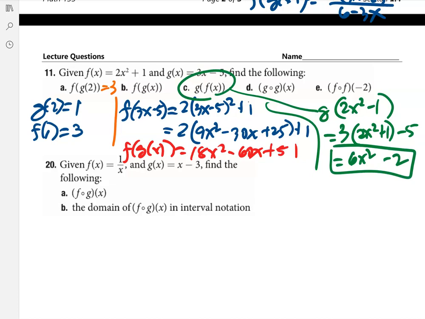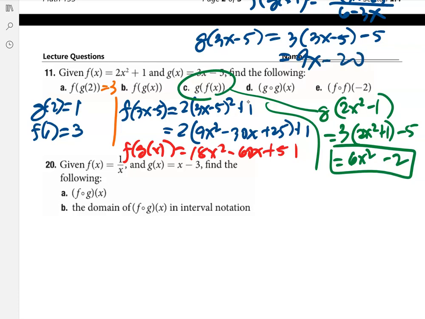Letter D, g of g of x. So that is g of 3x minus 5. So 3 times 3x minus 5 minus 5. So that is 3 times 3 is 9x. 3 times negative 5 is negative 15 minus 5 is negative 20.